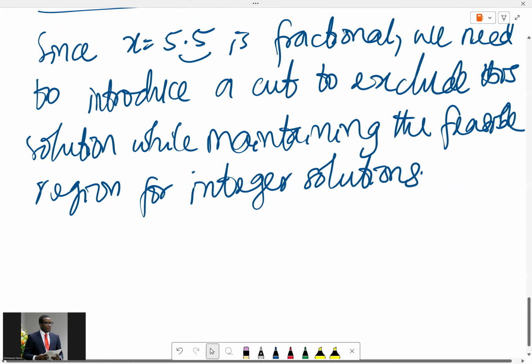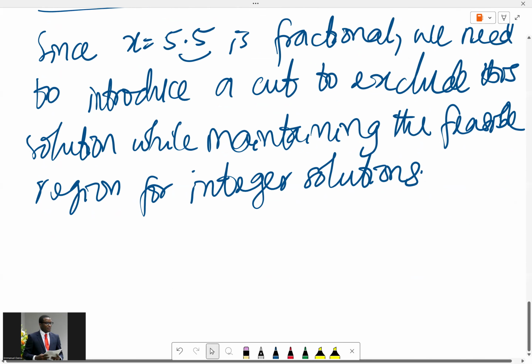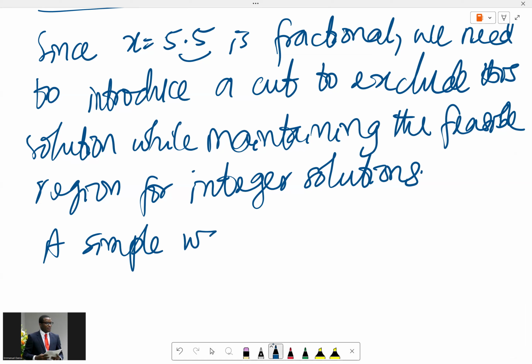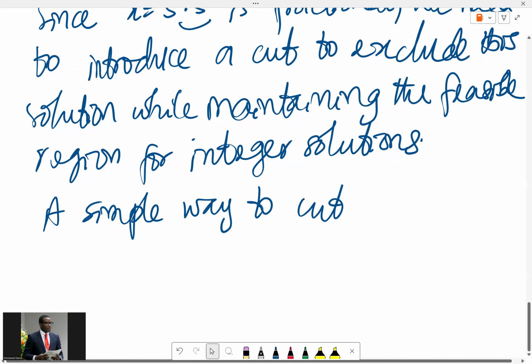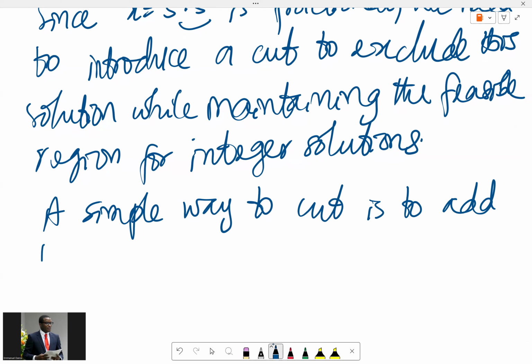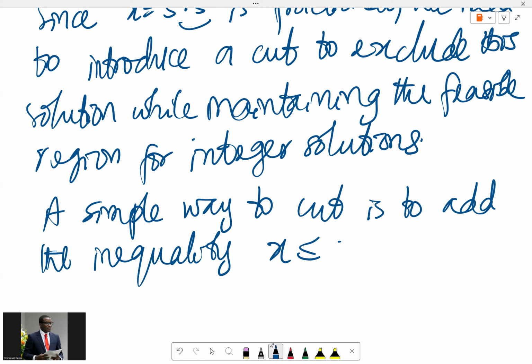x is 5.5, right? So a simple way to cut is to add the inequality x is less than or equal to 5. So you see, the 0.5 part, we throw it away because we don't need the fractional part.